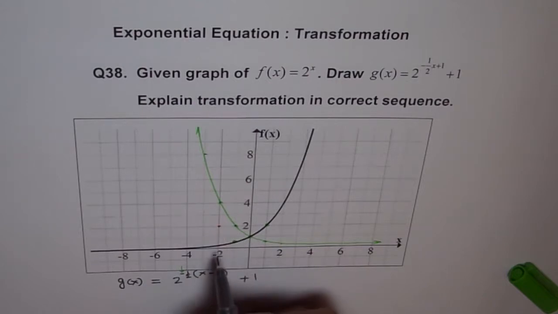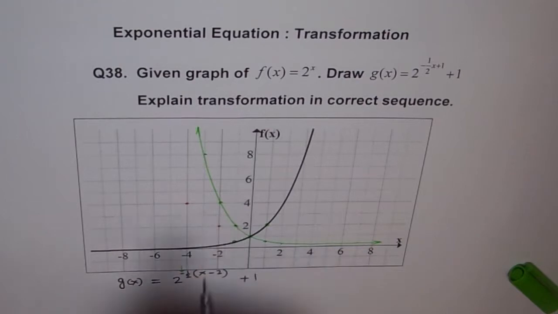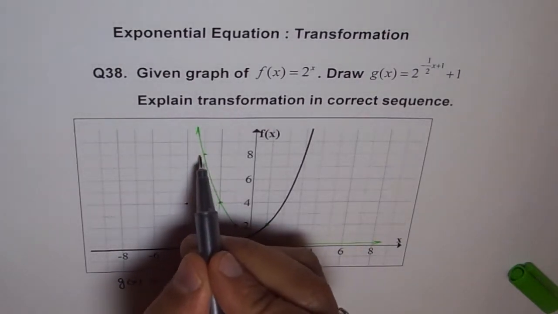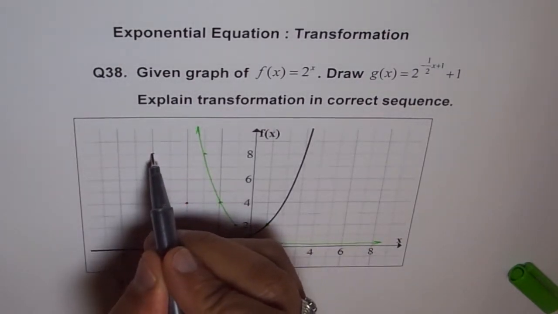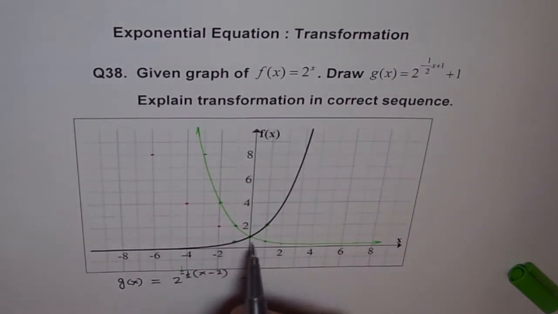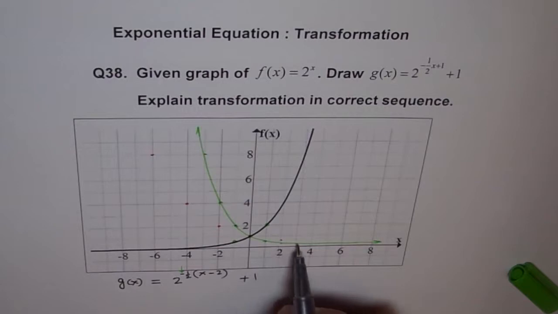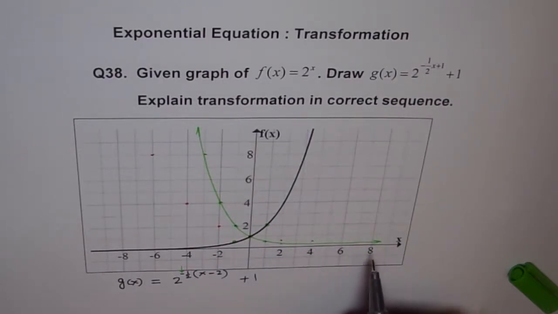Do you see that? And 2 will push it to this side, correct? This 3 will give me 3 more. So this will come at minus 6. So you see the graph actually gets stretched horizontally by a factor of 2. Now this remains here itself, and 1 goes to 2, and this goes to 4, correct? Like that, it gets stretched.